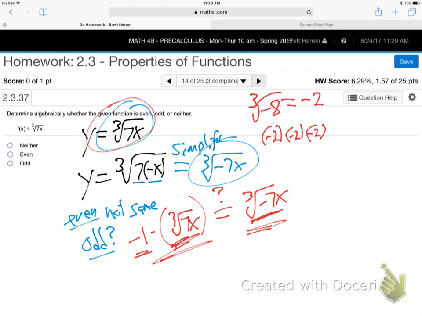Good? True? Now, the question we're asking is, is that the same as just putting the negative on the outside? Well, okay, a negative on the outside is just a negative, and what's the cube root of 8? 2. They are the same. See that? Negative inside, negative outside, same answer.